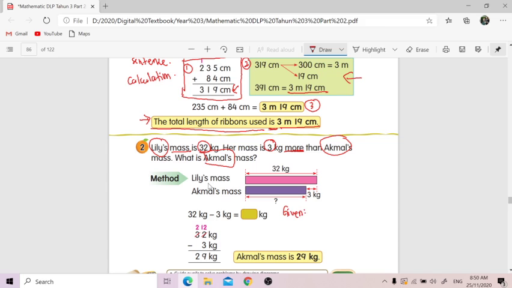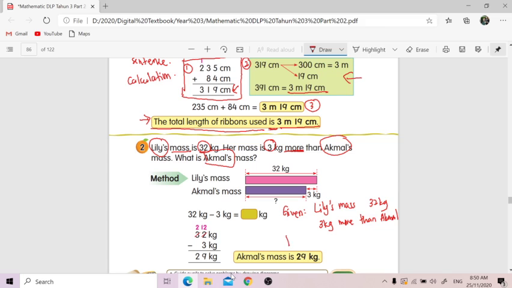So here is given Lily's mass. Lily's mass is 32 kilogram. Okay, lagi given, and then Lily is 3 kilogram more than Akmal. So here also another one, 3 kilo more than another boy, Akmal. So this is what is given.